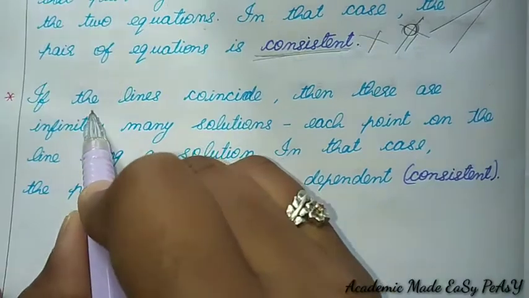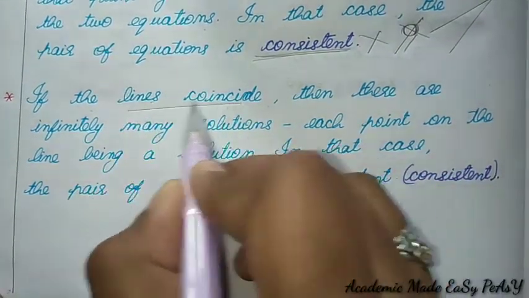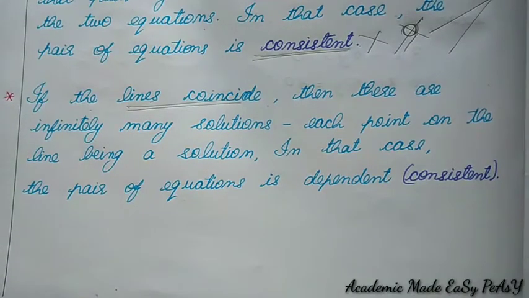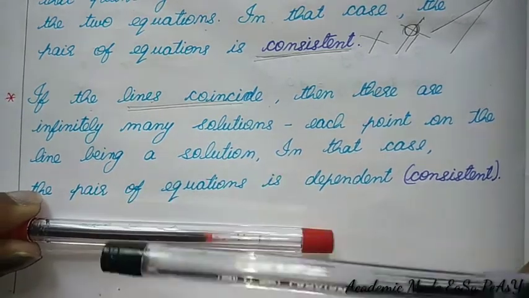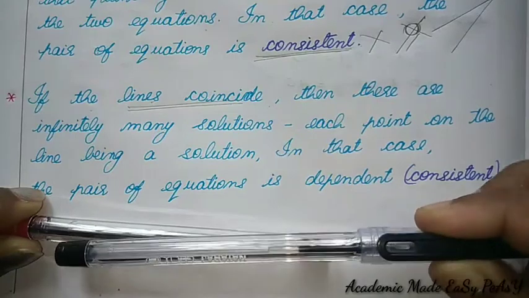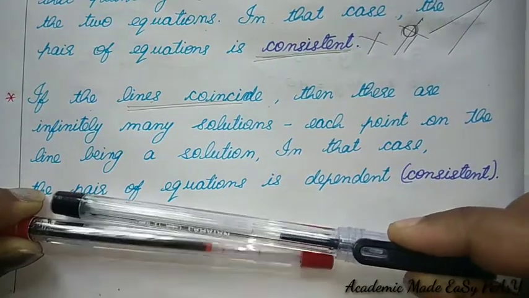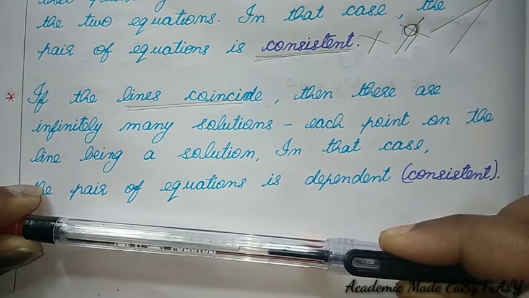Next case is if lines coincide. Coincide means what? They both are together. For example, I have one line this way and this is the other line, and if these two lines coincide, it means one upon other. That is called coincide.